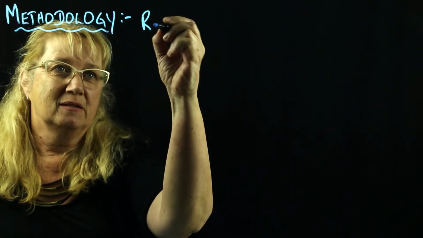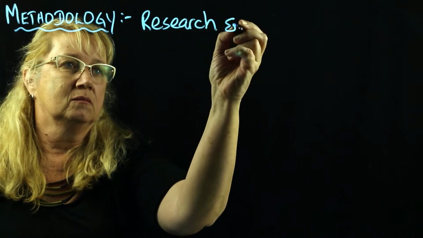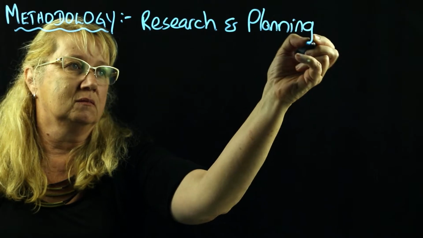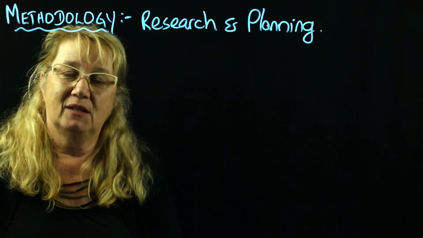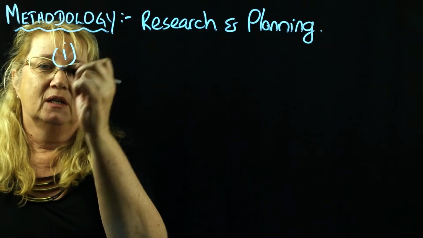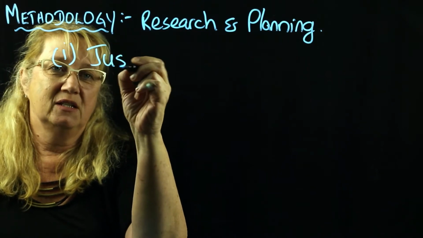Right, let's have a look at this methodology. The marking guide section that you need to refer to is research and planning. There are 3 criteria that get assessed in the methodology. First of all, you need to have justified modifications.